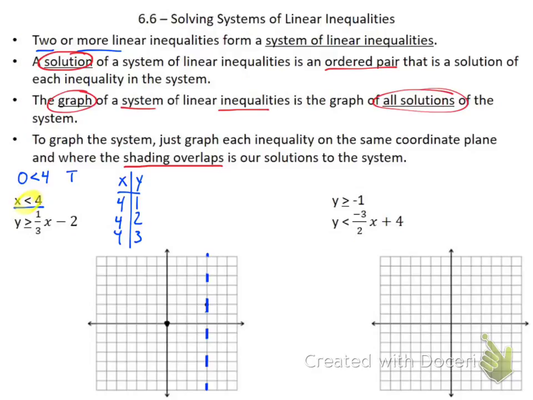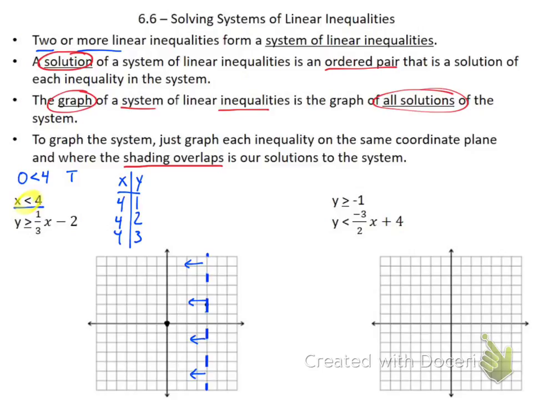That's true, and so I want to shade towards my test point. I don't actually want to shade, because if I shade too heavily, I won't be able to see where the overlap is. So I'm just going to draw little arrows telling me that with this blue line, I'm going to shade to the left of that.